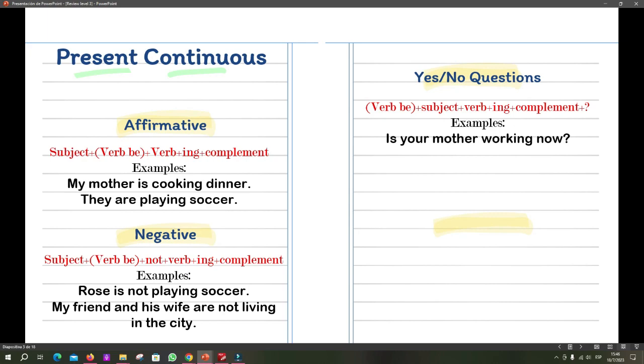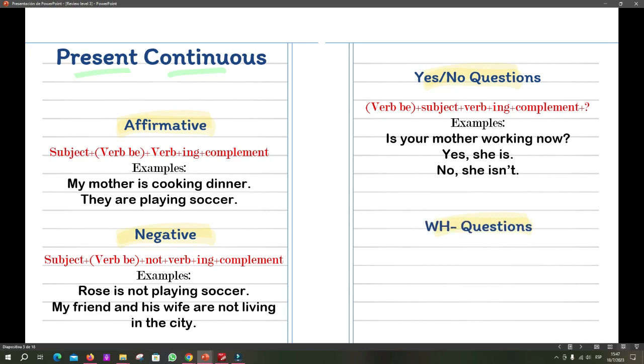First of all, is. Then you have the subject, your mother, the main verb with ing, the complement, and the question mark. Is your mother working now? So, you can answer yes, she is, or no, she isn't, right? That would be the answer for that one.